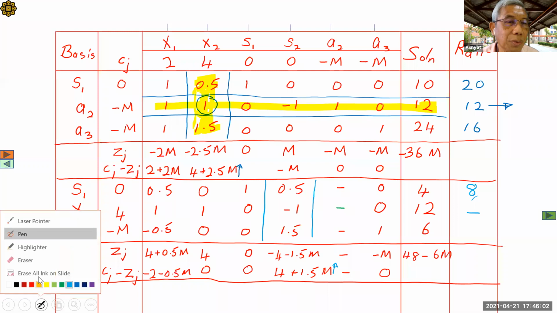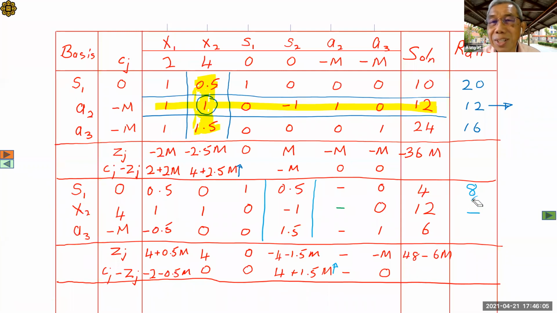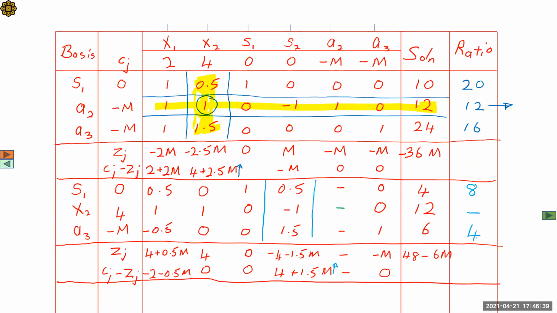Okay, so this is the idea I want to go through with you. At least we managed this one. Sister, are you okay? Any ratio less or equal to 0, we call it undefined ratio. We cannot determine it, we cannot use it. The next one, 6 divided by 1.5, 4.